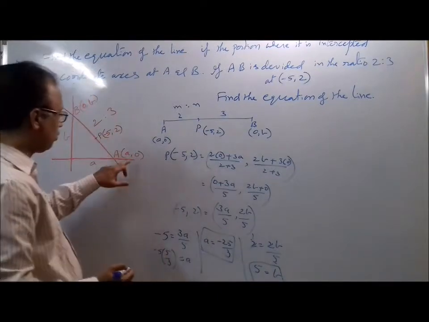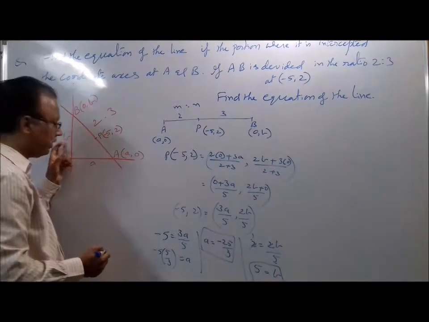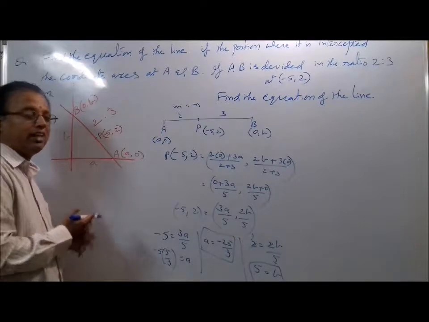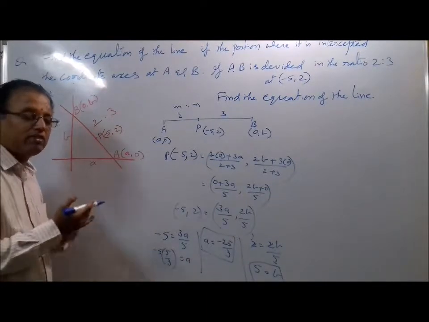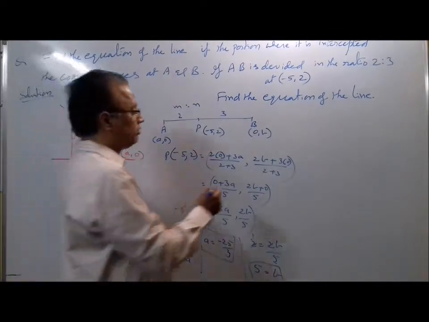Once you got a and b, the equation of the line we got. That is x by a plus y by b is equal to 1.